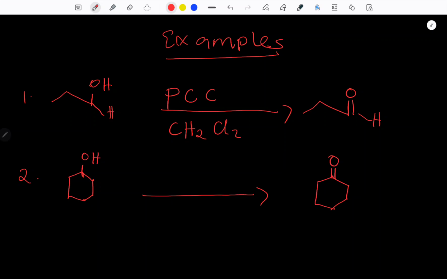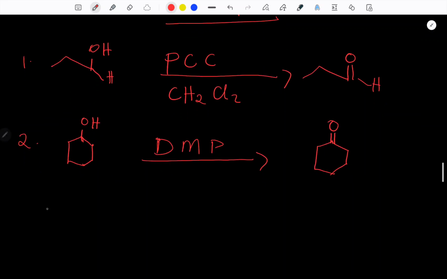Also, weak oxidizing agents convert secondary alcohols to ketones, same as the strong oxidizing agents. So here you can have any choice. If you want, you can get a strong oxidizing agent. If you want, you can get a weak oxidizing agent. There's no problem. So here I will just get Dess-Martin periodinane, DMP. It will give us that product.